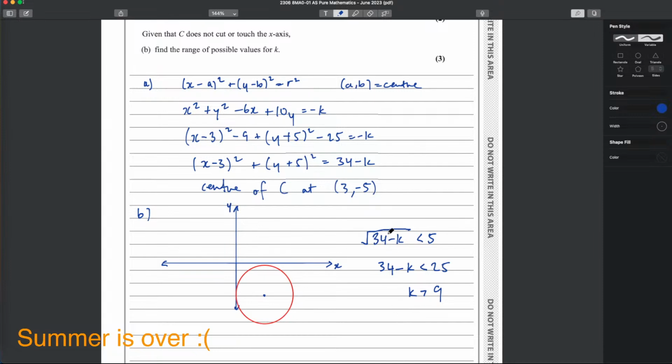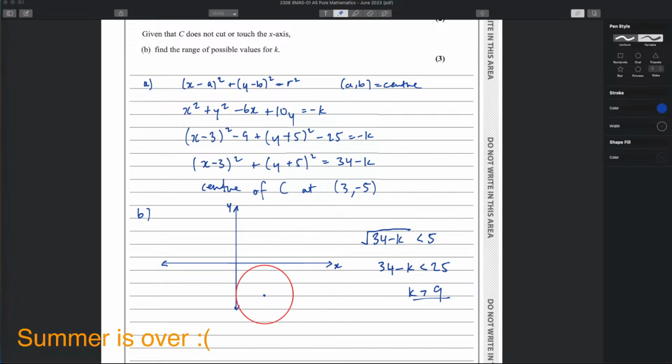K greater than 9. So let's say 10. This will be 24. Root 24 is less than 5. Let's say k was 25. There will be 9, which is 3, which is less than 5. So this makes sense to me.